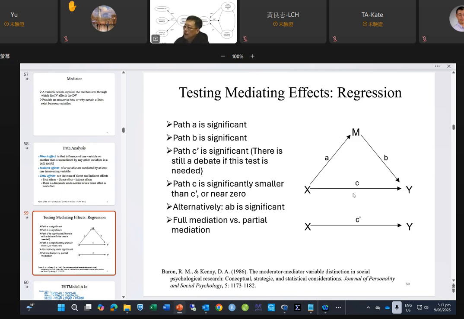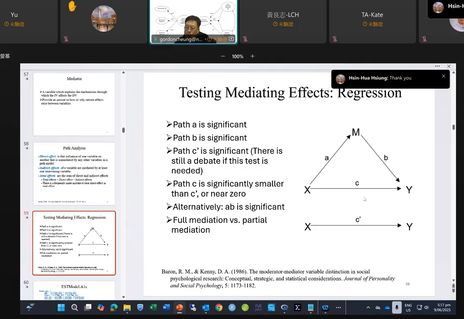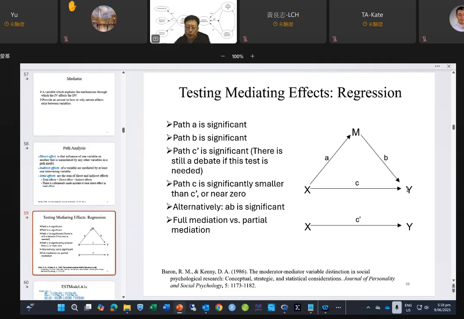Now, here, some scholars say that because you don't have this C prime path in your hypothesis, you do not need to include it in your estimated model. This is wrong.